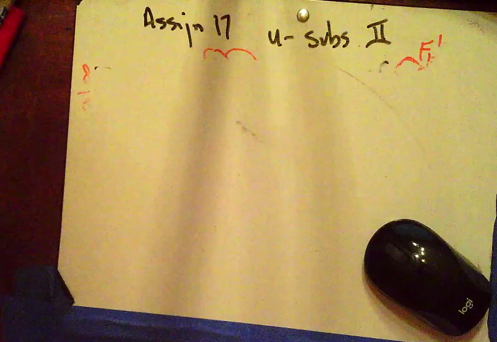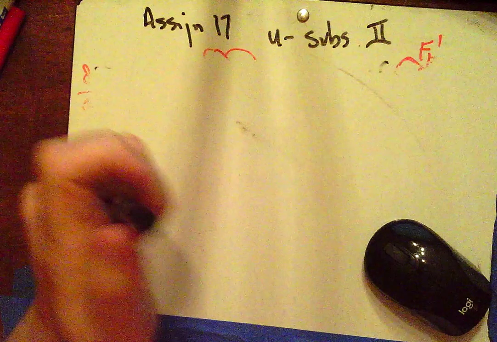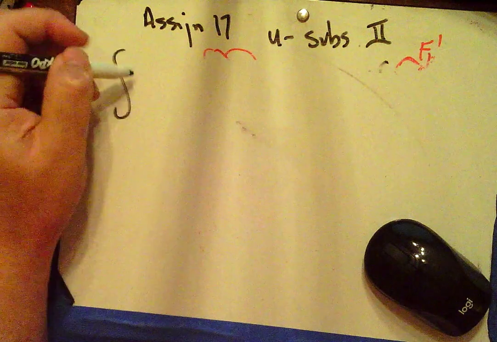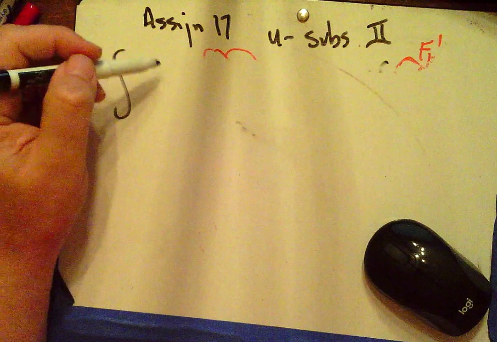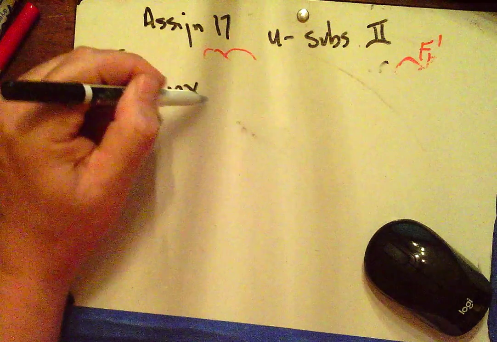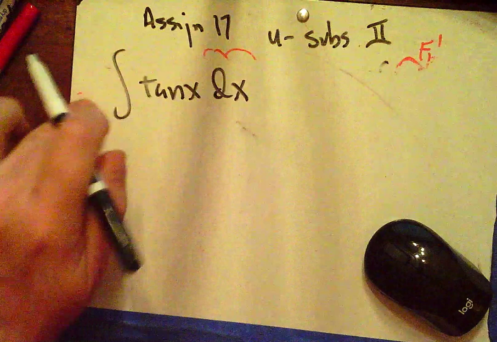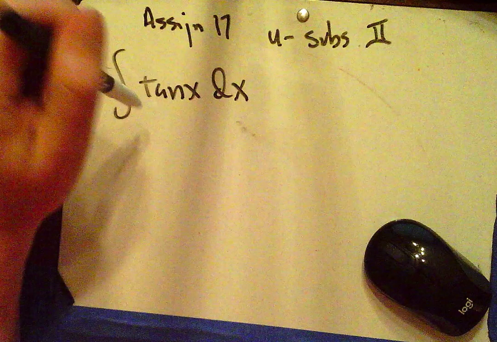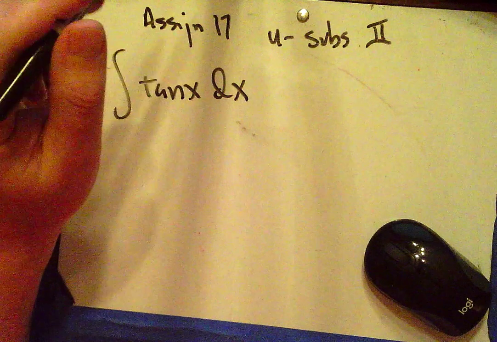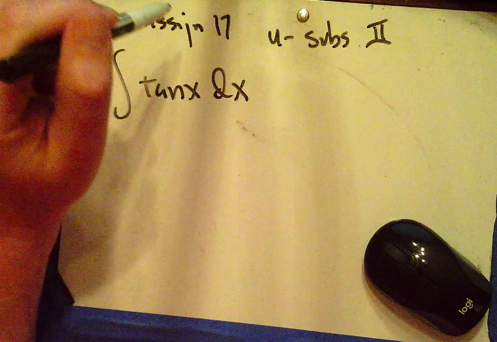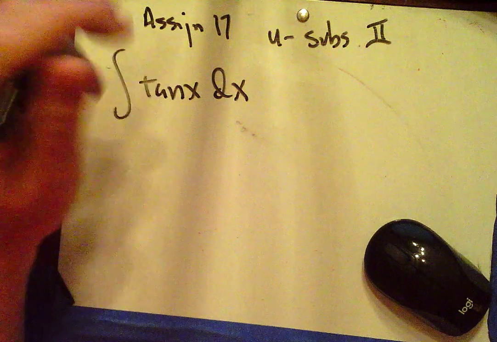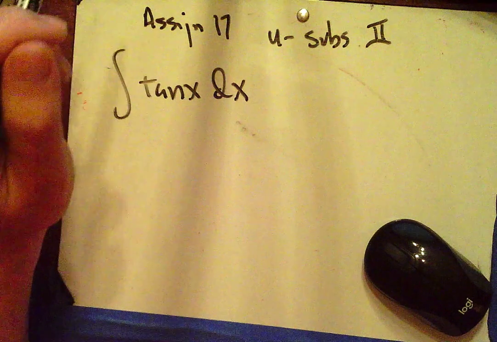All right, here's a practice one from our last video. Will you please integrate tangent x? Yeah, I don't recognize that derivative either. I know, it doesn't look like a u substitution because there's only one thing there, a function, and I don't see its derivative.